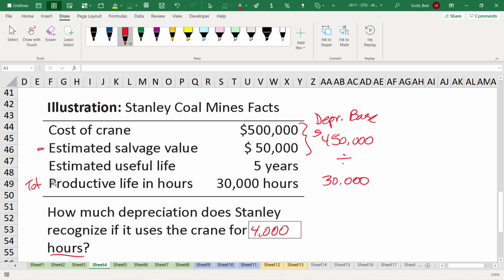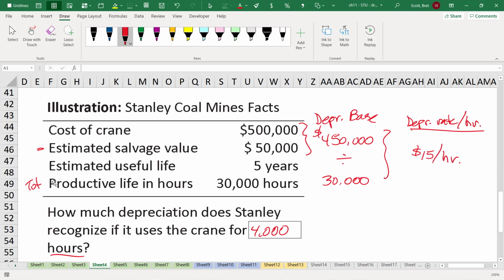And when we do that, we calculate an overall depreciation rate per hour. And that is calculated at $15 per hour.